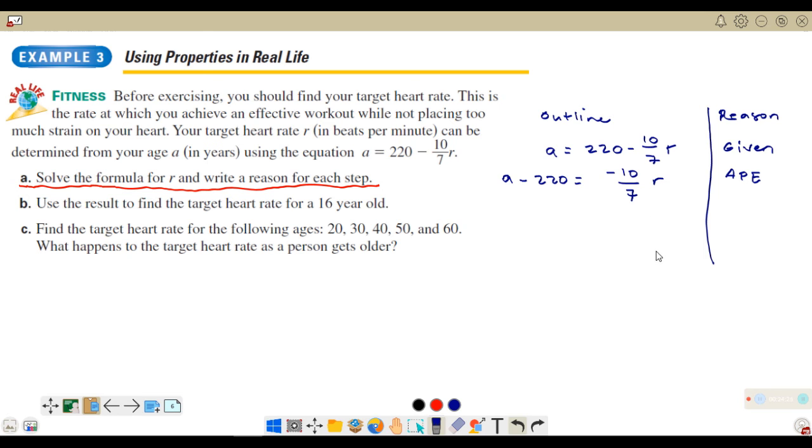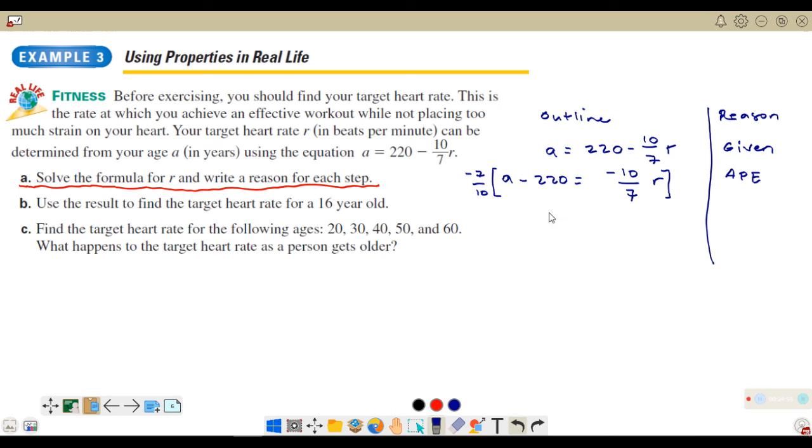Okay, ano yung susunod na steps na kailangan nating gamitin? So, susunod na step natin, we are going to, of course, get rid of negative 10 over 7 beside R. So, in order for us to do that, we have to multiply both sides by negative 7 over 10.